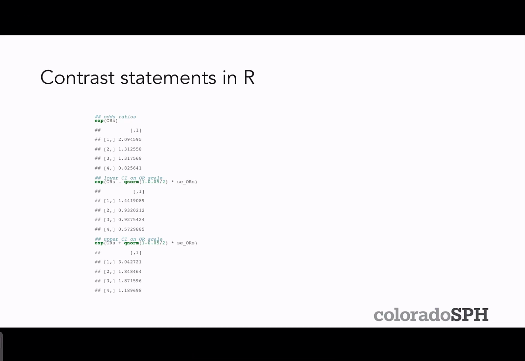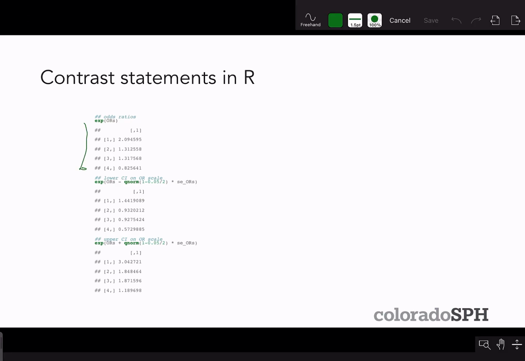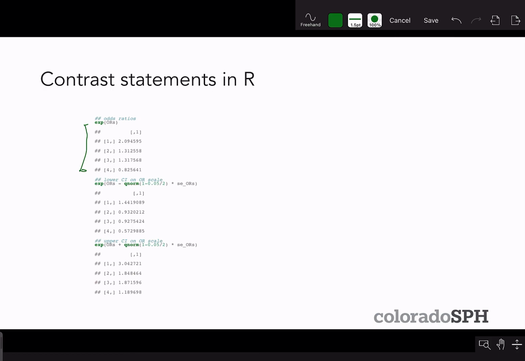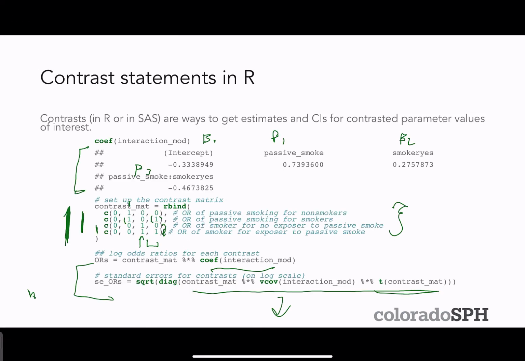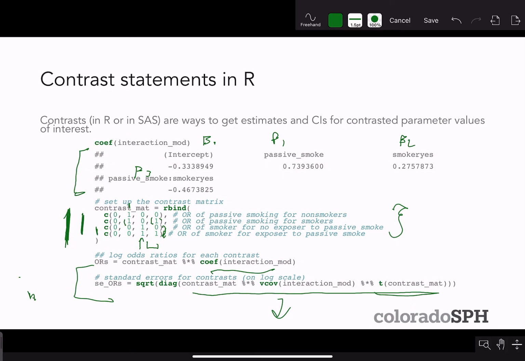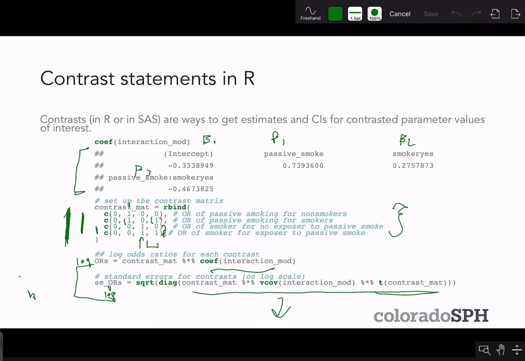And by running that code, you can see now we have, and actually going back for a second here, this isn't actually your odds ratios. I should have called that log odds ratios. And these are your standard errors for your log odds ratios, not your actual odds ratios.